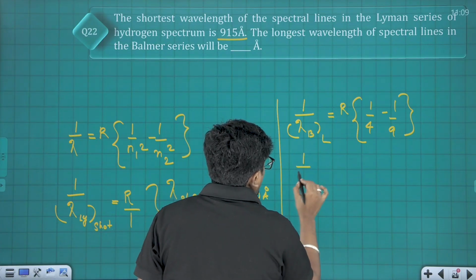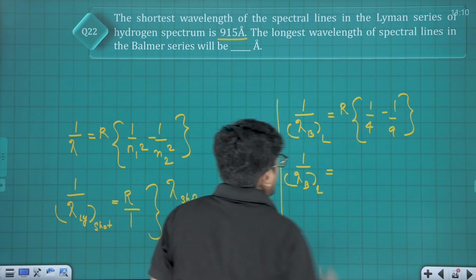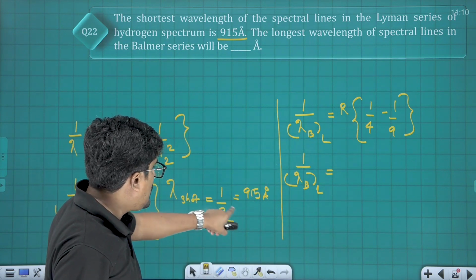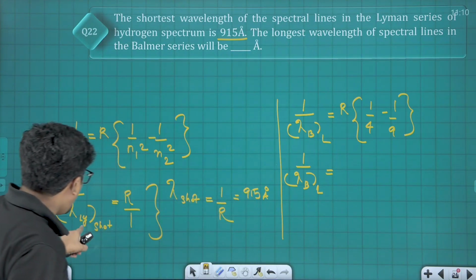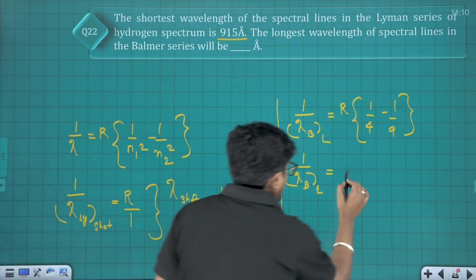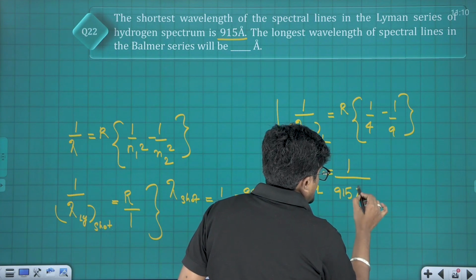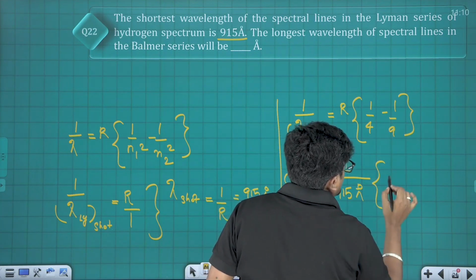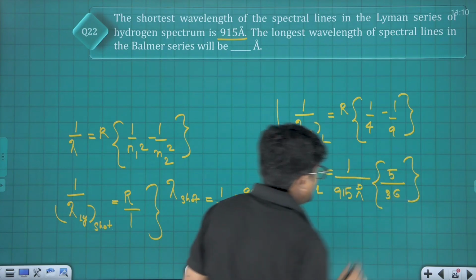So 1 by lambda Balmer, the longest, is capital R into... We have got 1 by R equal to 915 angstrom, isn't it? So capital R is going to be 1 upon 915 angstrom. Here 9 minus 4 is 5 upon 36.